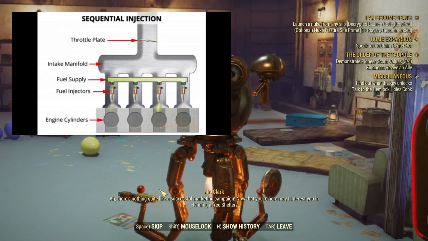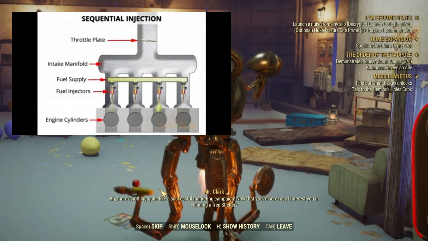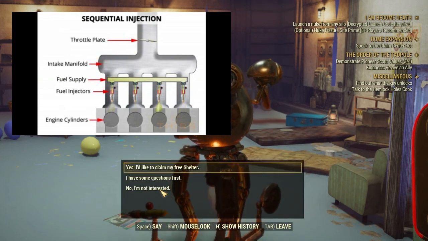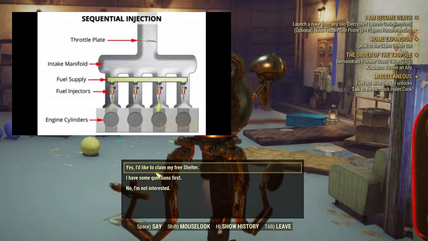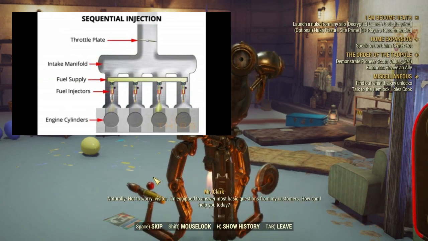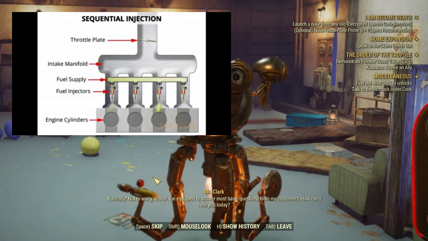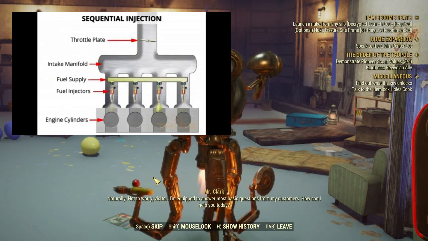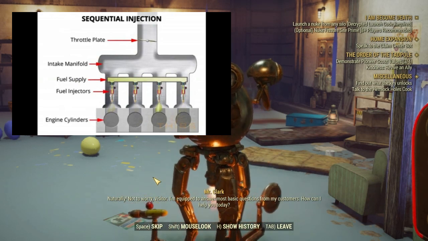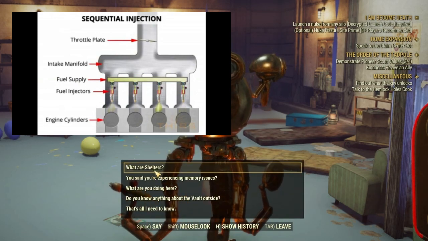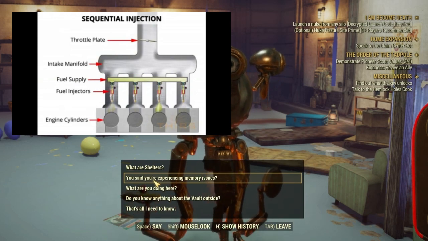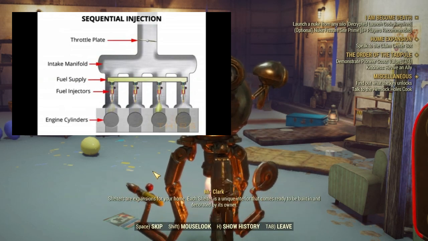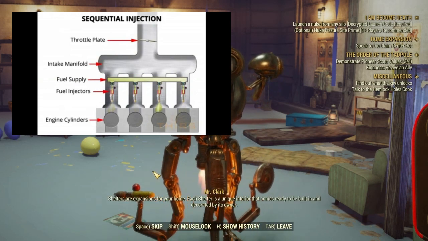Sequential is like the early EFI system, but instead of being this carburetor-like thing, it actually had one or more electronic injectors that would spray the fuel in.